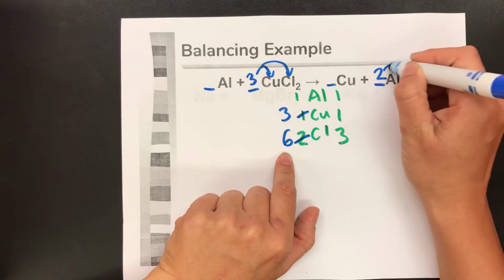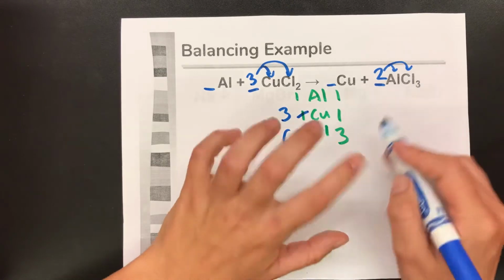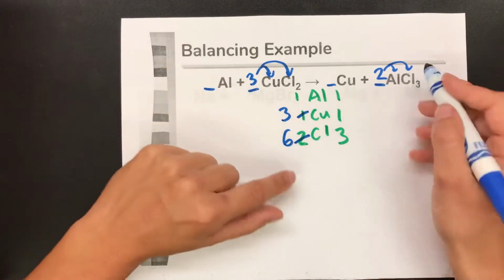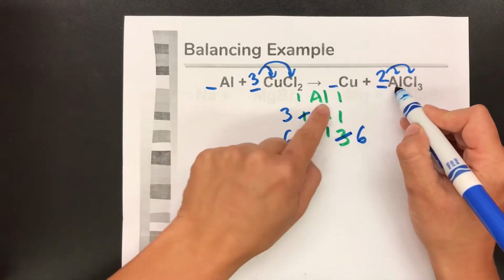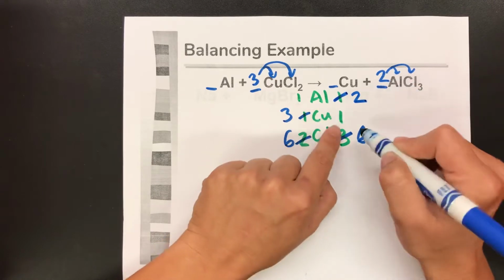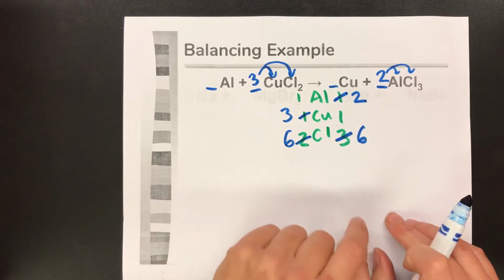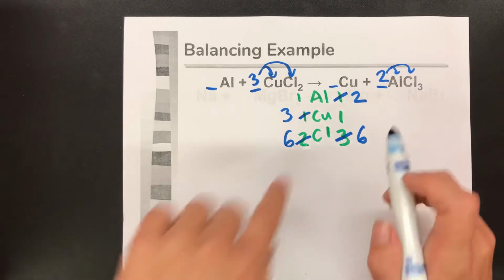And you distribute because you don't want to just move on, because then you might get messed up. If you just go ahead and put a 6 there and move on, you're going to get it wrong. So chlorine becomes 6 because 2 times 3 is 6. Now it also changes aluminum. So you get 2 because 2 times 1 is 2. Now, chlorine's good. In the process of fixing chlorine, we've messed up aluminum and copper, so now we got to fix it.